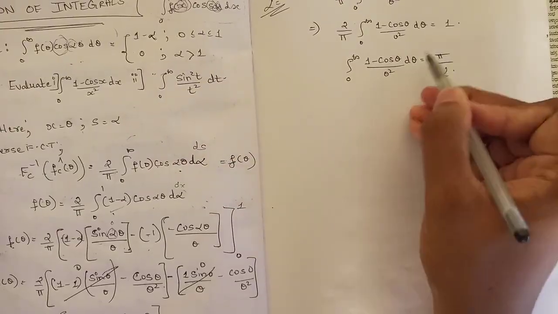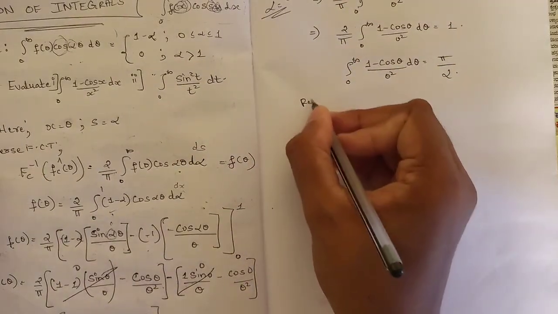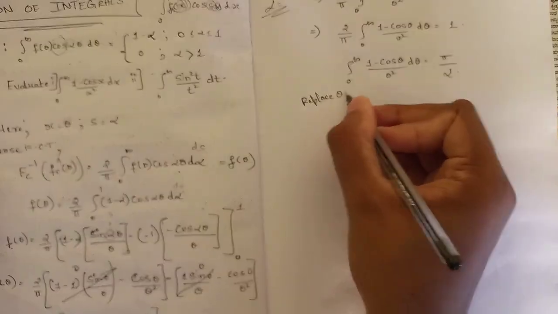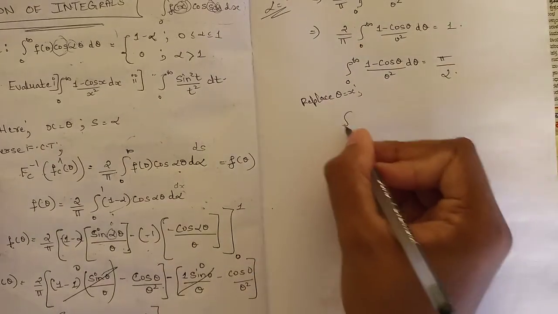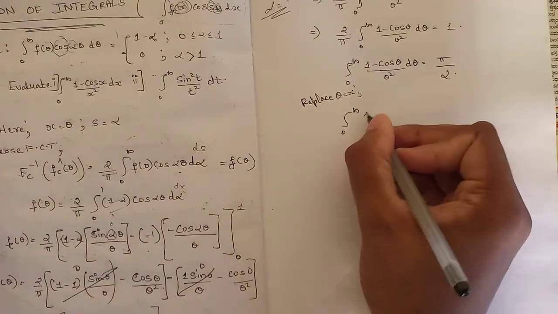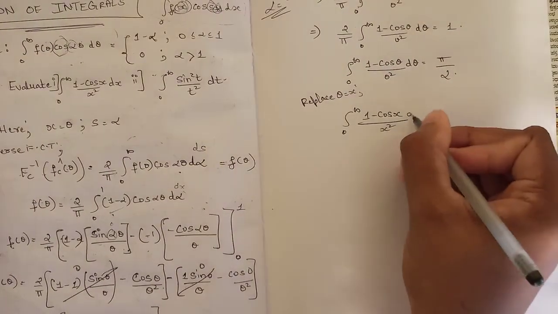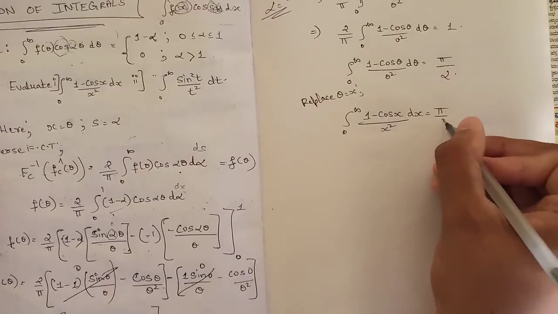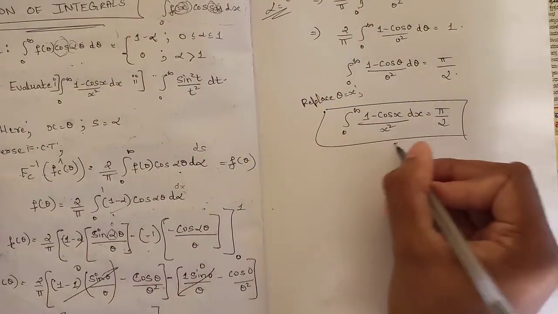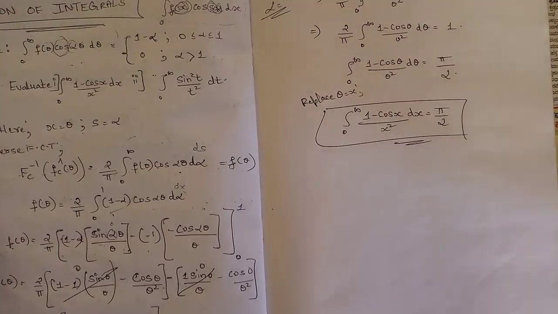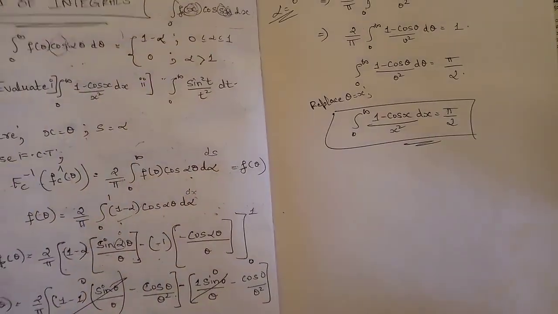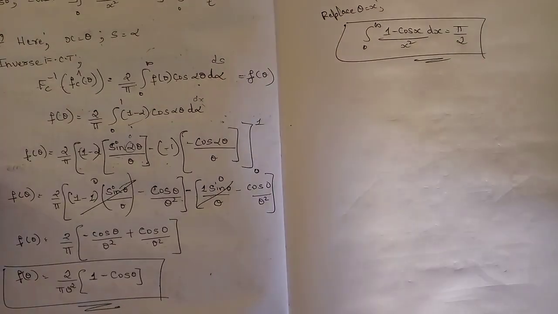Here we need to replace the value of theta by x, so that we will get our first case, that is 1 minus cos, wherever theta is there replace it by x, over x square dx is equal to pi by 2. See, we have evaluated one case. So now the one more is there, that is sin square t by t square dt, right? Yeah, so now we'll do that.